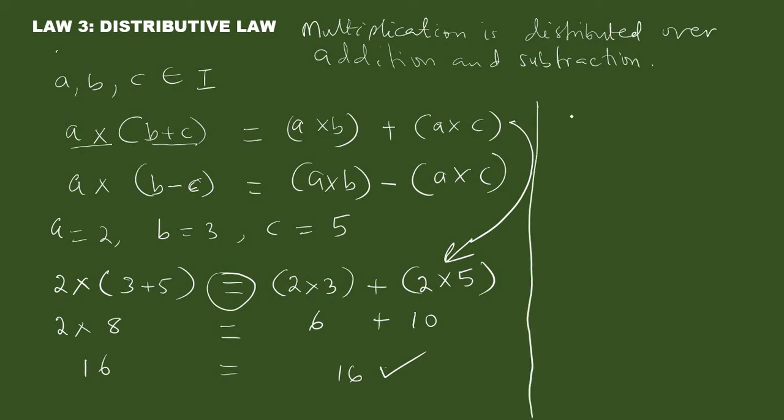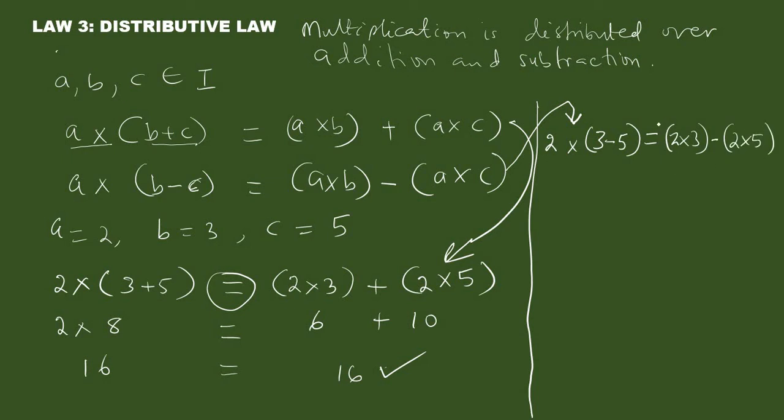Let's see if we can work this out with subtraction. So subtraction is the one I want to do here. I'm going to have 2 times 3 minus 5. Is it going to be the same as 2 times 3 minus 2 times 5?